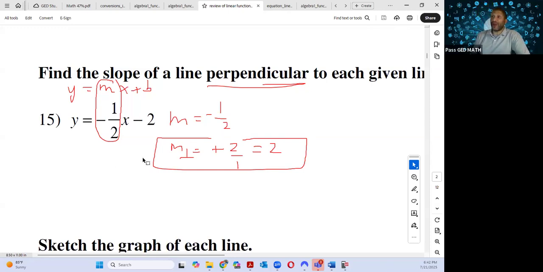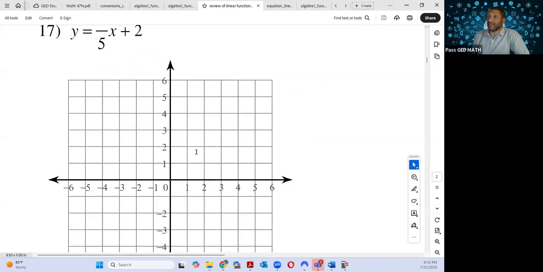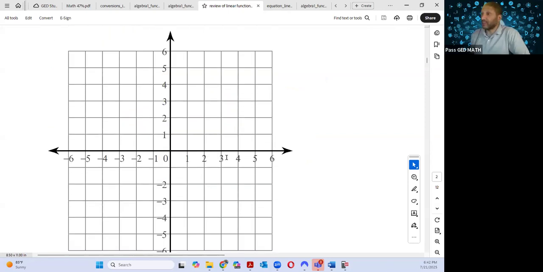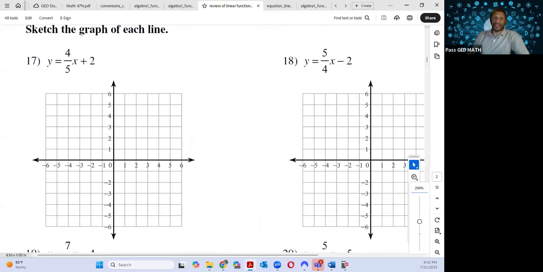Sketch the graph of each line. You are doing similar concepts for every problem. Number 17 is in slope-intercept form, y equals mx plus b. I know my slope is 4/5. I know my y-intercept is +2.